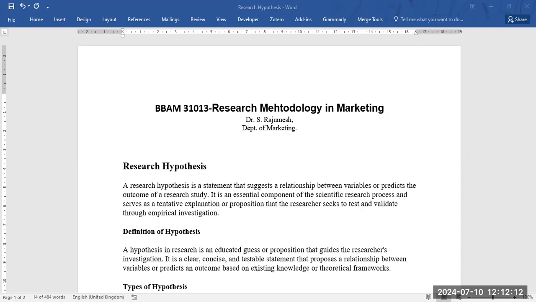After the problem identification comes the research question. From the research question, researchers create the research objectives. From the research objectives, they can develop the research hypothesis. That's why the research hypothesis is always essential for guiding the research process, providing direction and focusing the investigation.